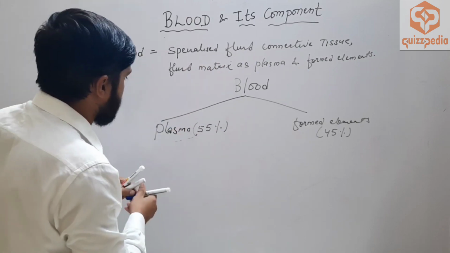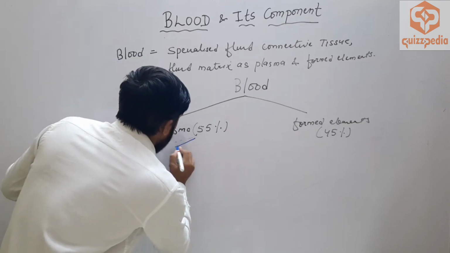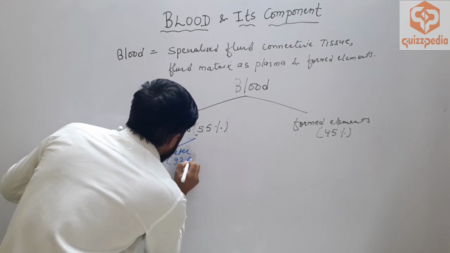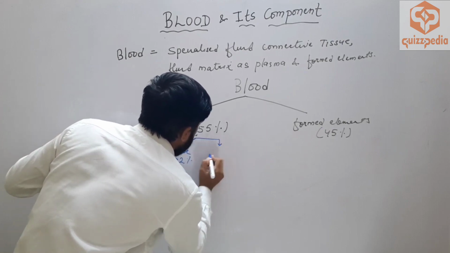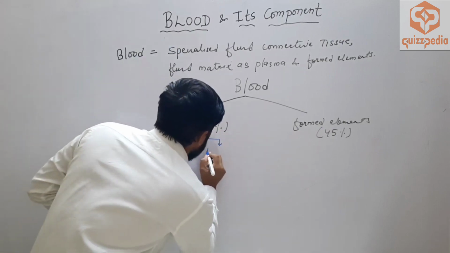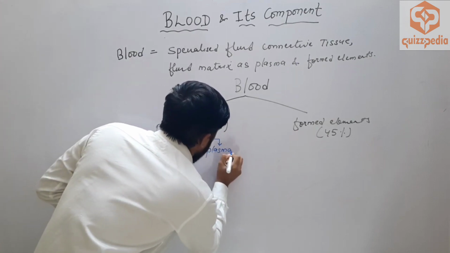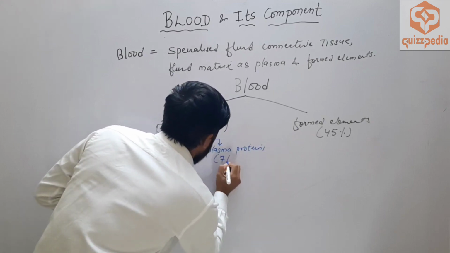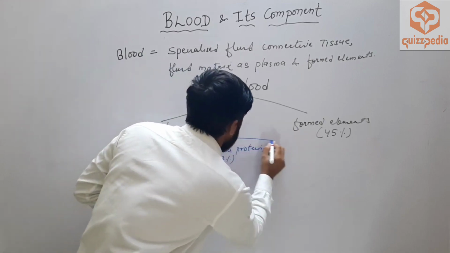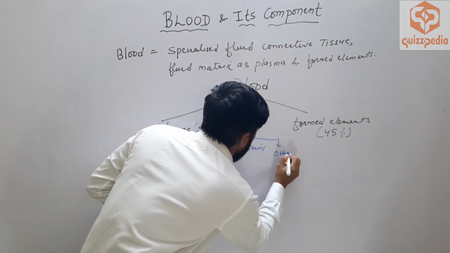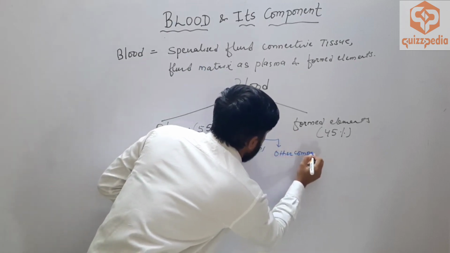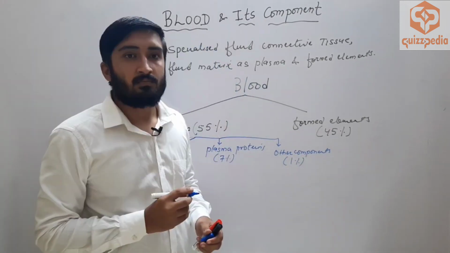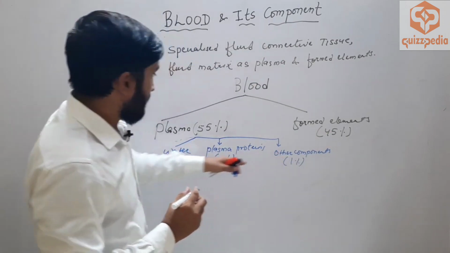So the further classification of plasma: plasma contains watery component around 92% and proteins that are called plasma proteins, around 7%, and other components around 1%. So these are the basics.